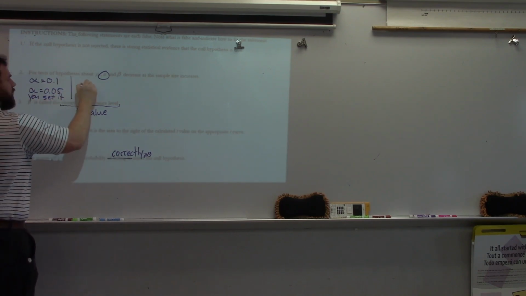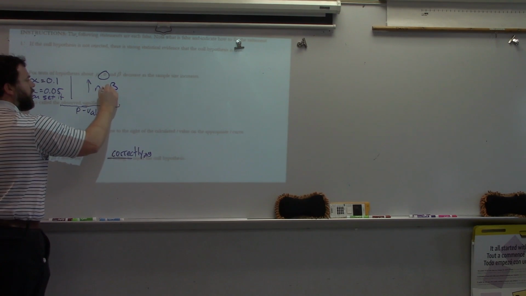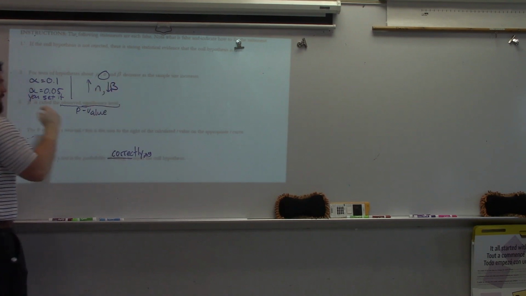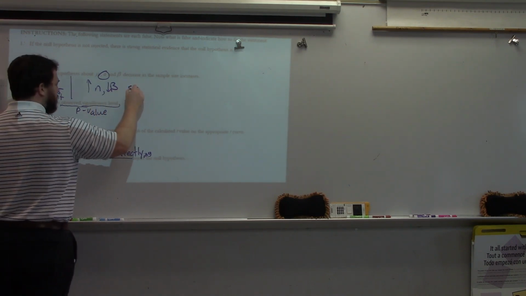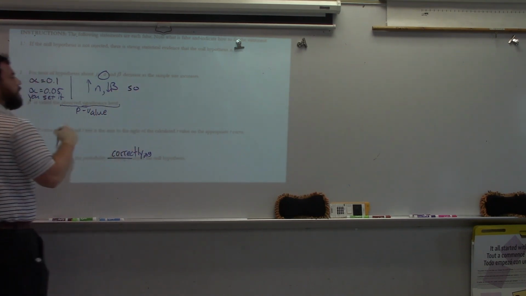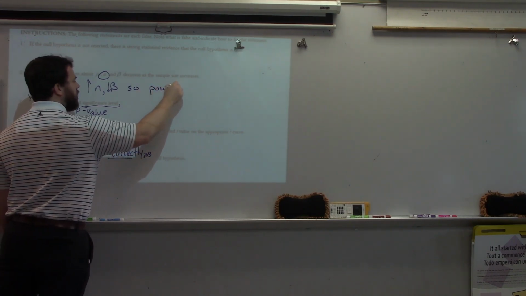But as our sample size increases, what happens to beta? It decreases. If you increase your sample size, the likelihood of making that type 2 error goes down. And you didn't have to include this, but we want to remember, so what happens to the power? It goes up.